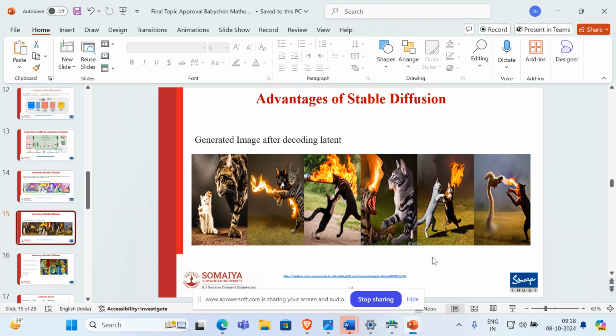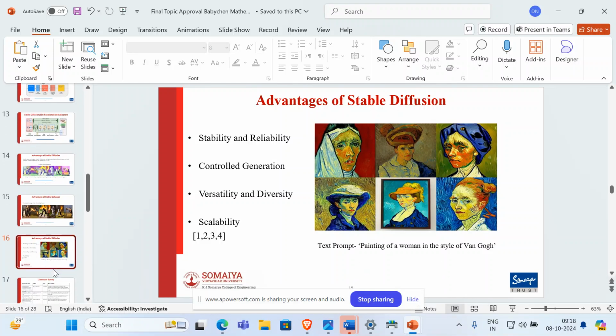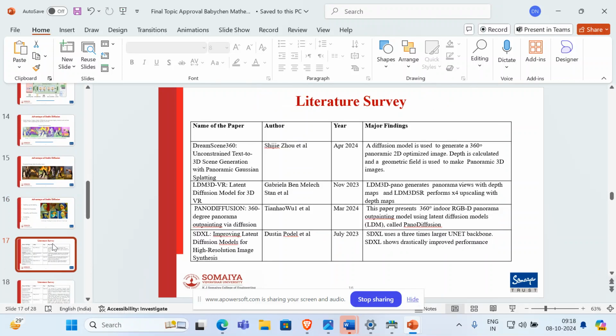Now, definitely, you should focus more on the exact problem, like how the 360-degree stitching needs to be done for a VR environment. That should be the focus of the talk. And all these papers, 1, 2, 3, 4, it's not good to write like this; instead, give the proper reference to that paper.